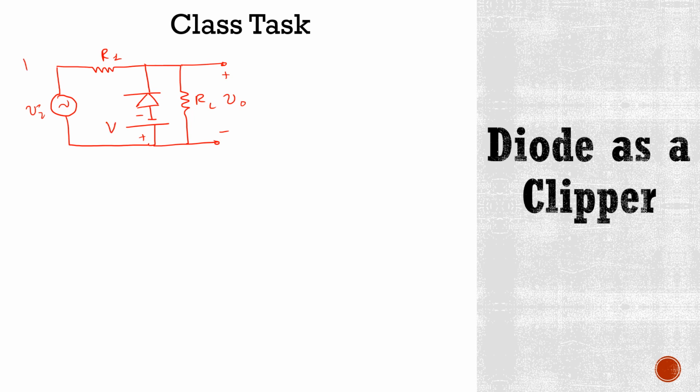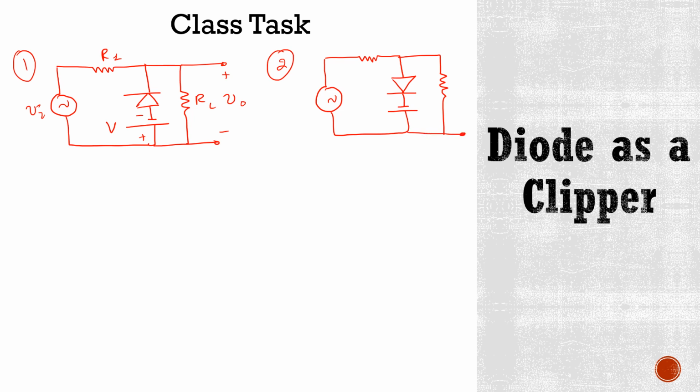This is your first circuit, and then you have another circuit which is like this, and here we have load resistor RL and V0 plus minus, this is DC battery, this is R1 and this is Vi.